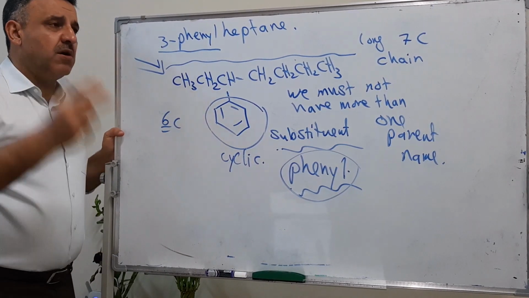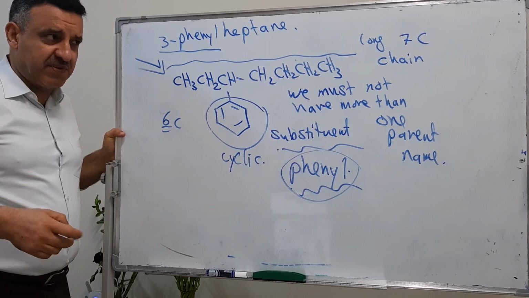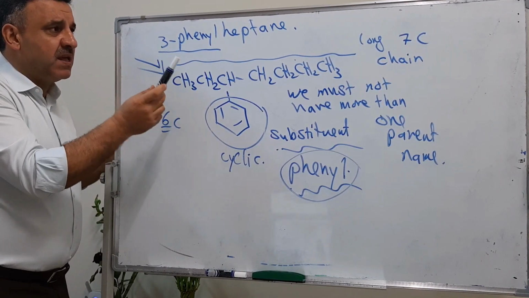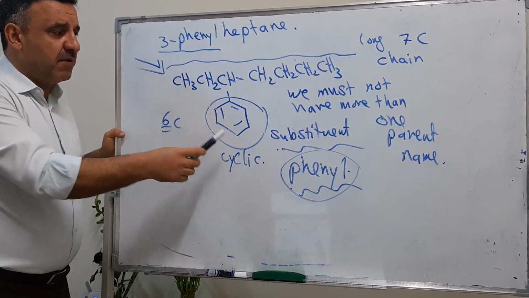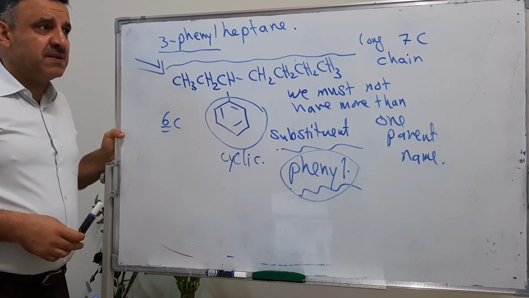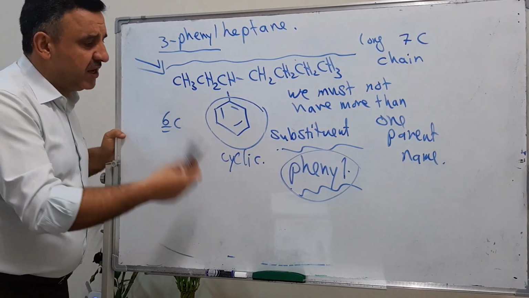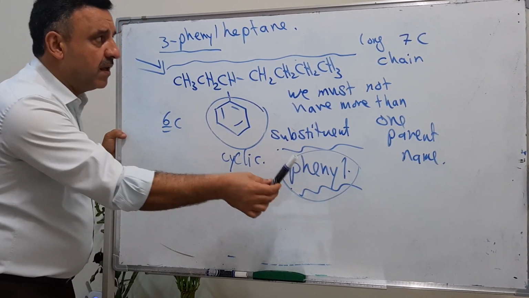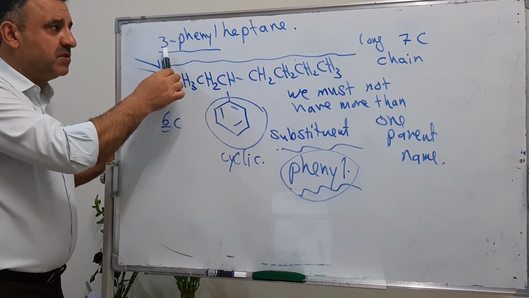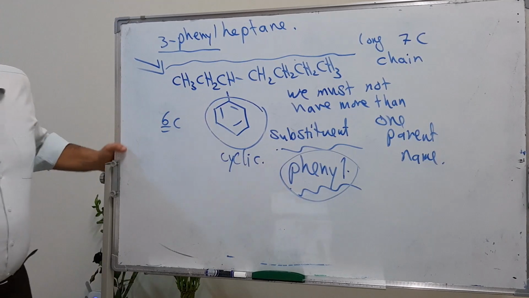What's the rule? Always the system which contains more carbons. Here we have 7, then this is the parent name. Here we have 6, then this must be considered a substituent. To be considered a substituent, we name it as phenyl. That's why we have to name the compound 3-phenylheptane. Got it?